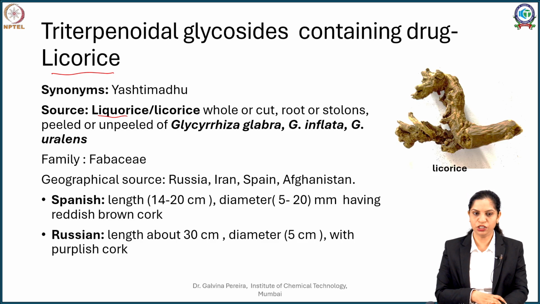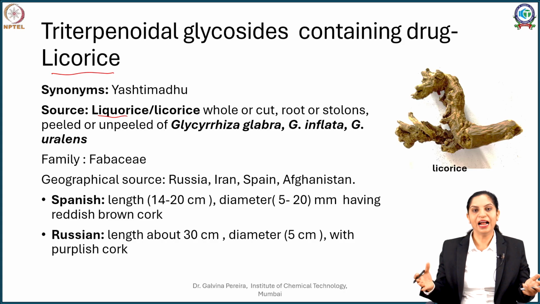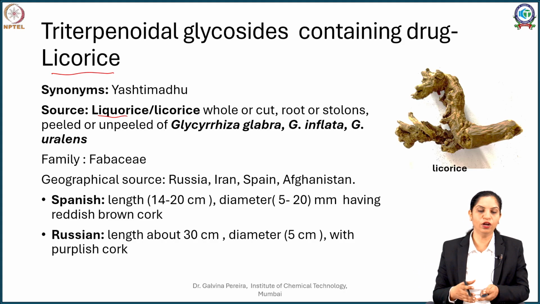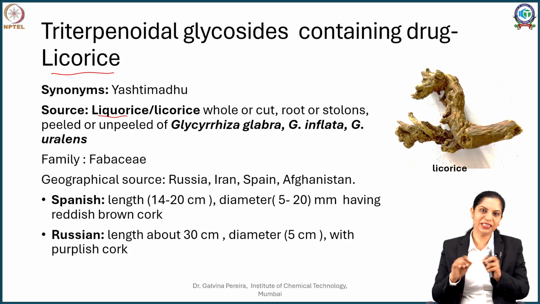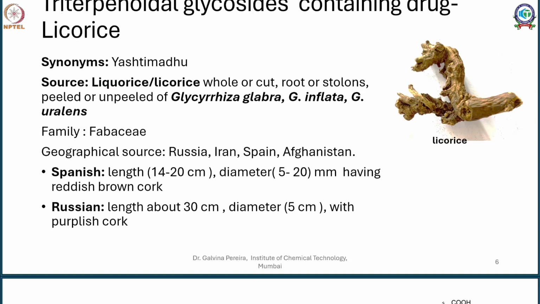Whereas the Russian variety is much thicker. The diameter may be as big as 5 centimeters as opposed to 2 centimeters, and the length is about 30 centimeters or so, about a foot long, and it has a slightly purplish colored cork. But if you break this, you might see internally a slightly yellow colored pigment is present, and that's attributed to the compounds present in it.